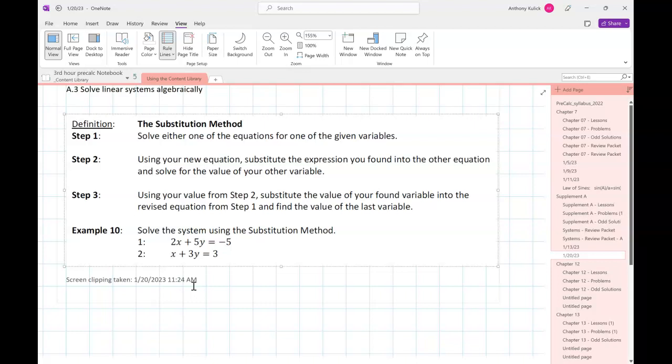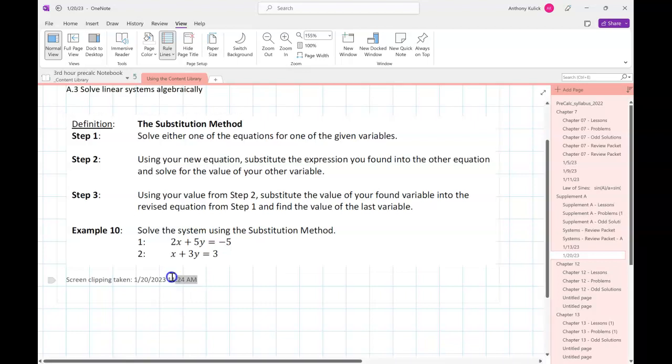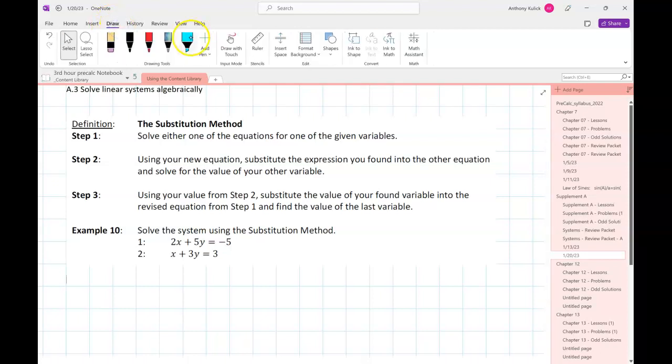So let's take a look at this example here. I have the system 2x plus 5y equals negative 5, and x plus 3y is equal to 3. So it doesn't matter which equation you use and which variable you want to try to isolate, but you can certainly make your life much easier by choosing wisely here.